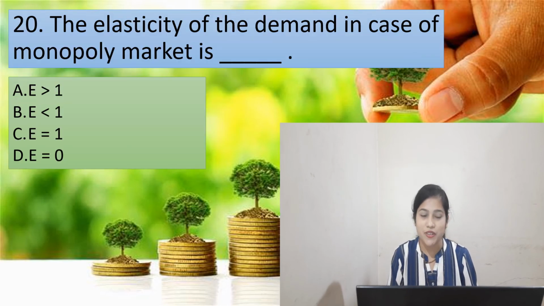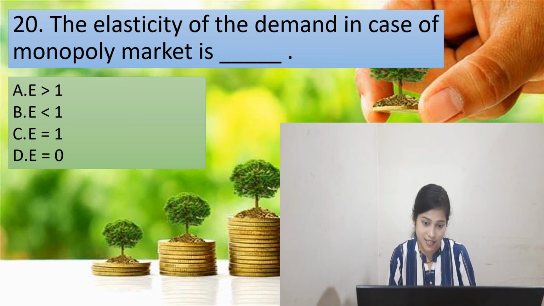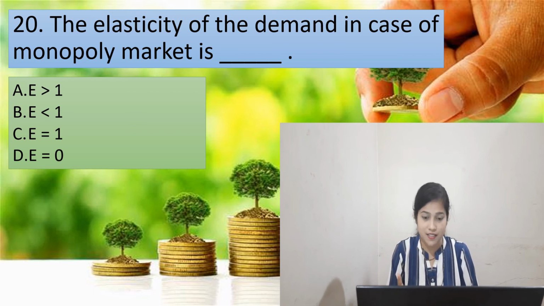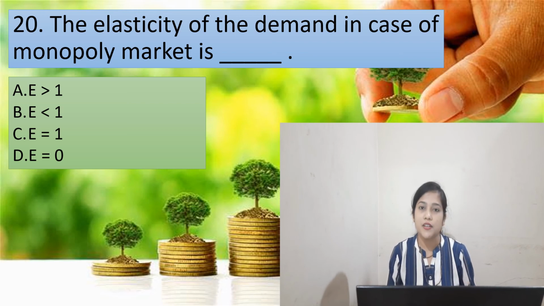So here is the next question. The elasticity of demand in case of a monopoly market, whether it is inelastic, elastic, unitary elastic, or perfectly inelastic. Let me tell you that only in a perfectly competitive market is the elasticity of demand perfectly elastic. That means elasticity is equal to infinity.